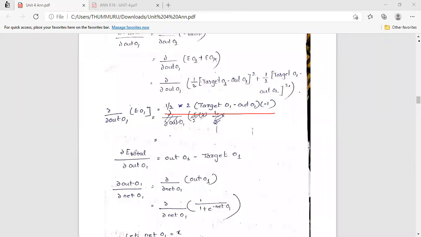Then you may get dou E total by dou out O1. This is the final result of this formula. Then the substitution of dou out O1 by dou net O1. The same out O1 formula is 1 by 1 plus e to the power of minus net O1.